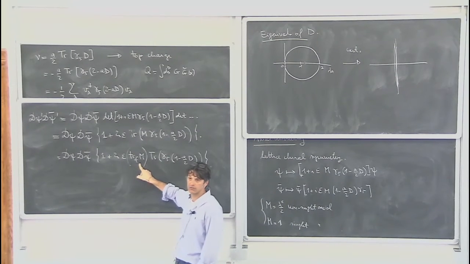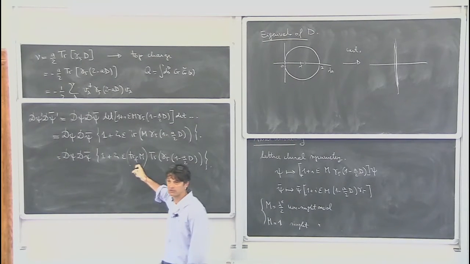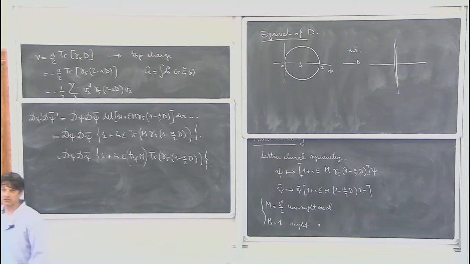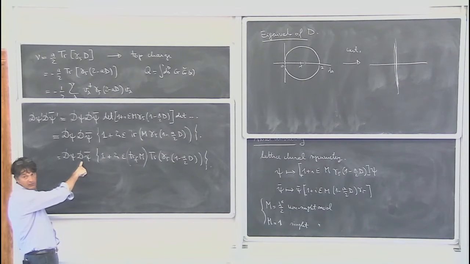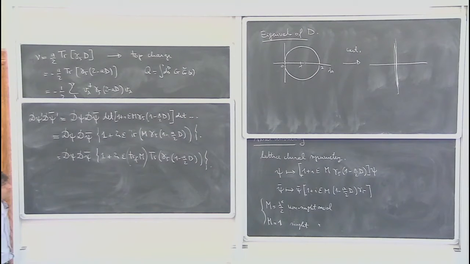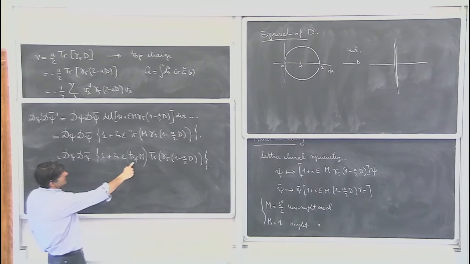So this Jacobian factor vanishes. This is the example that I mentioned already in the lectures. If you have a non-singlet transformation, then indeed the integration measure is invariant.